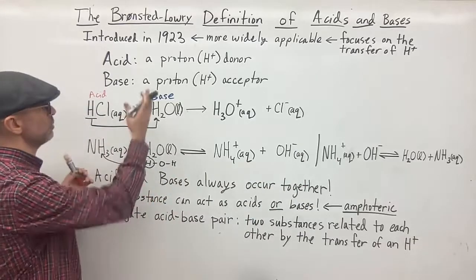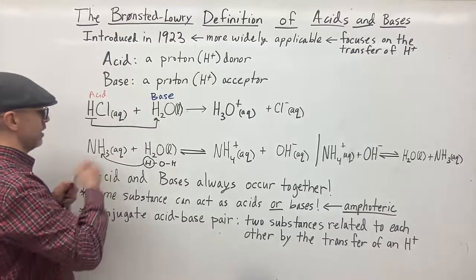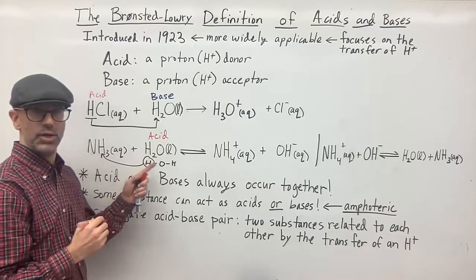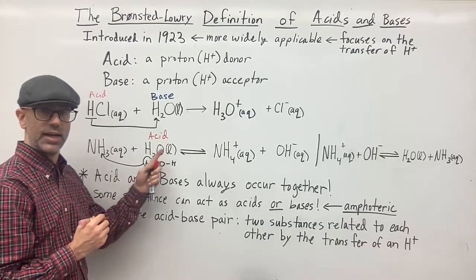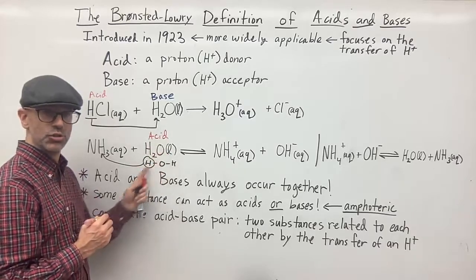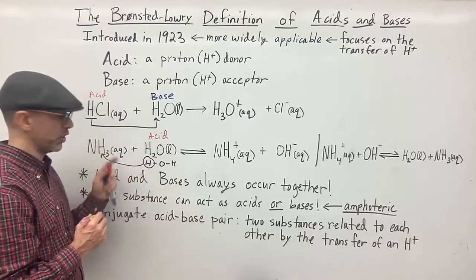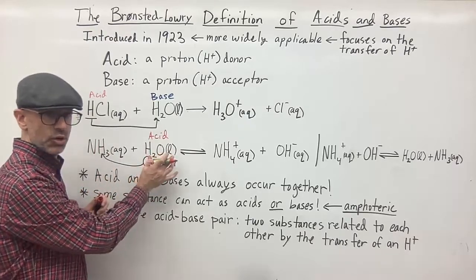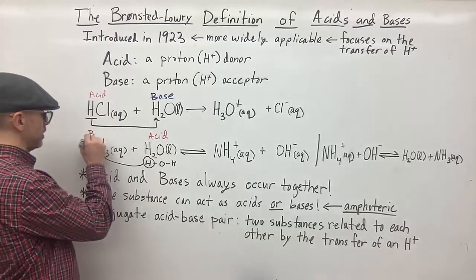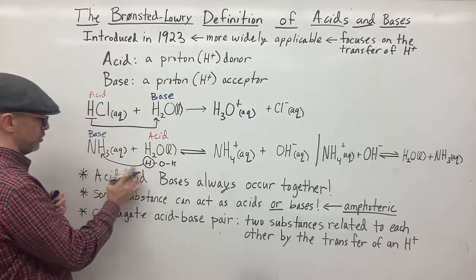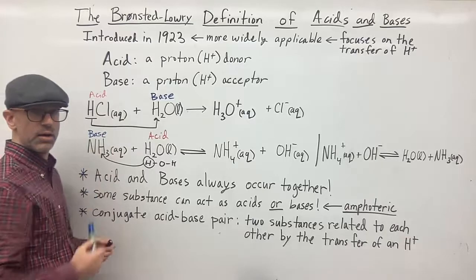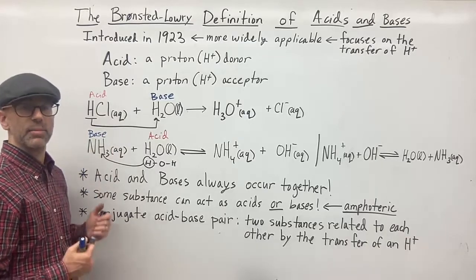So according to the Bronsted-Lowry definition, this water is acting as an acid now because it's transferring a hydrogen or an H plus, a proton, to ammonia. So this becomes a proton donor. And the ammonia is a base because it is becoming a proton acceptor. So in this case, it's clear that ammonia is a base.